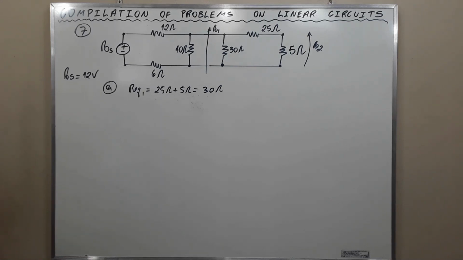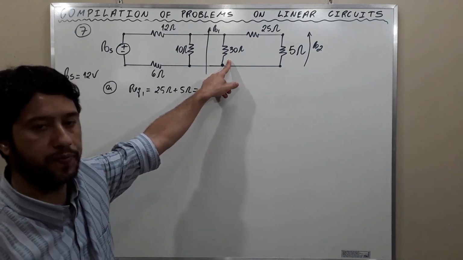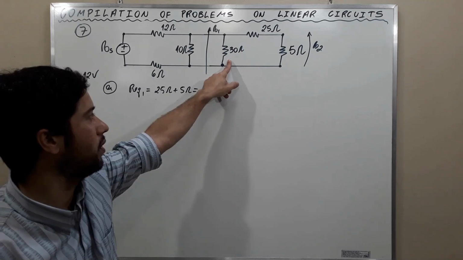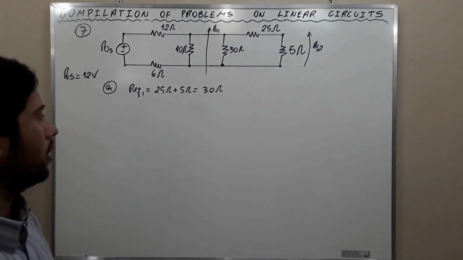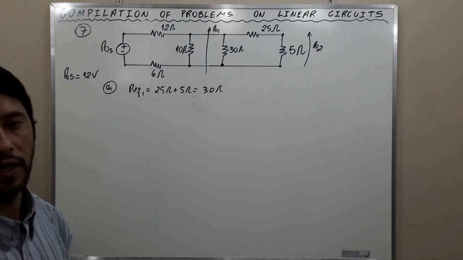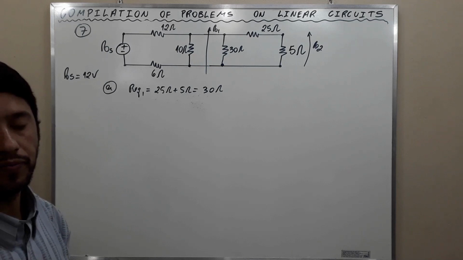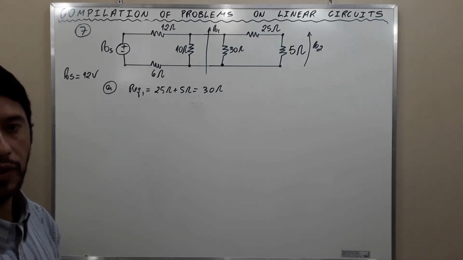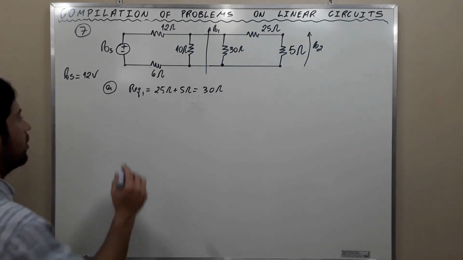And they together are in parallel with this resistance here. Okay? And for combining resistances connected in parallel, we use the rule of thumb, which is the product over the sum. It is going to be like this.